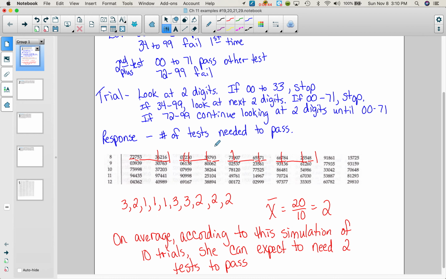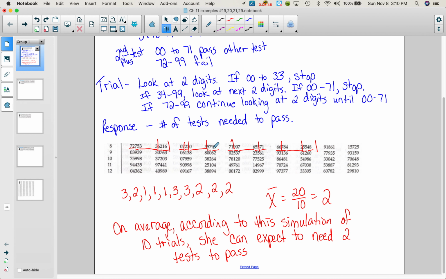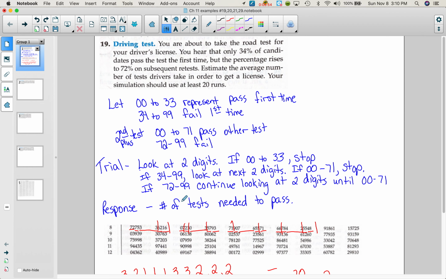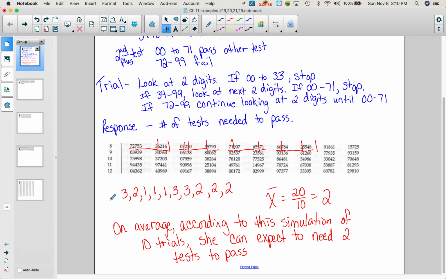So looking at my 10 trials, if I wanted to know the percentage of people who did not pass after 2 attempts, notice that I only did 10 trials instead of 20, but 3 people out of 10 did not have their license after 2 attempts.